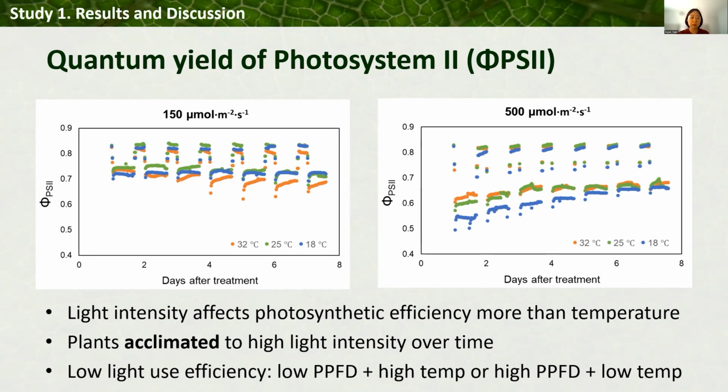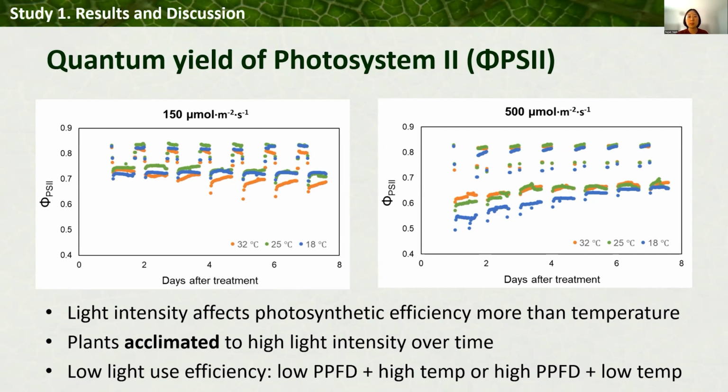And then, as you might see, there is a specific pattern: low light intensity with high temperature, and high light intensity with low temperature. Those combinations were not good for the light use efficiency, which is quantum yield. That is because plants are naturally exposed to low light with low temperature, and high light with high temperature.